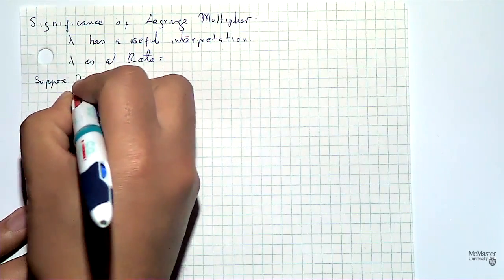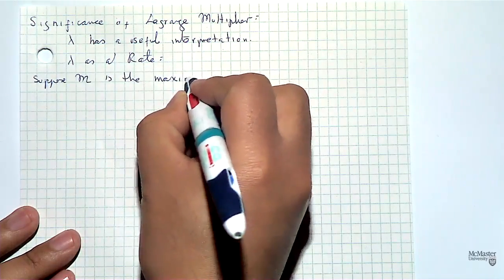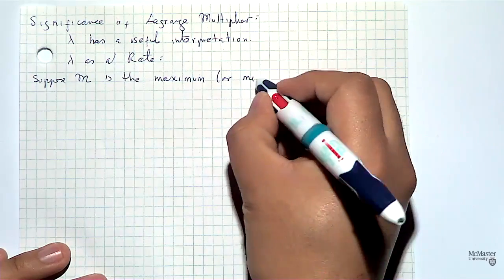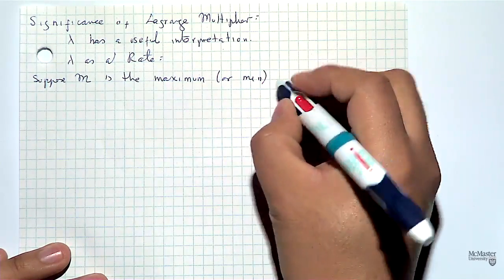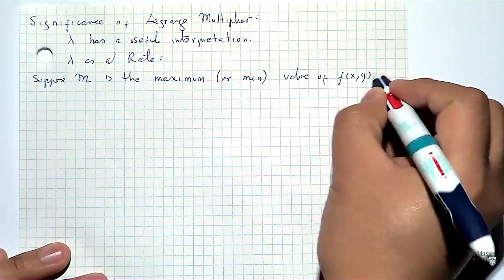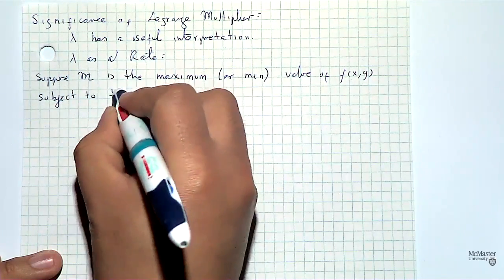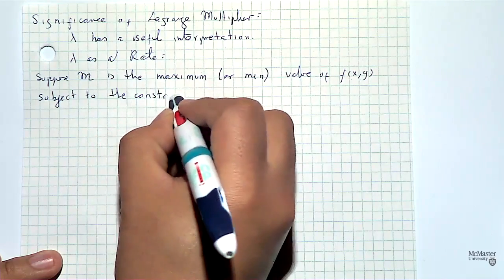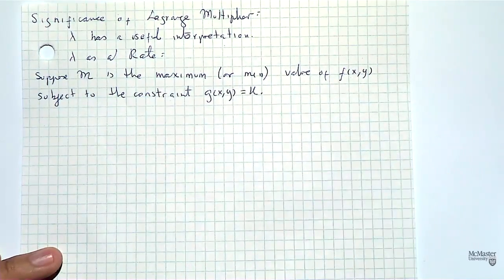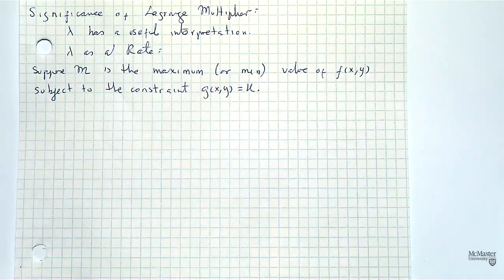Suppose m is the maximum or minimum, depending on the kind of problem that you have to solve, value of the function of two variables subject to the constraint g of x, y equal to k.